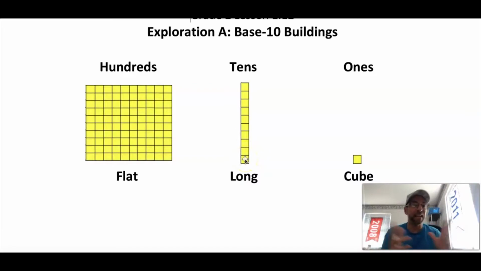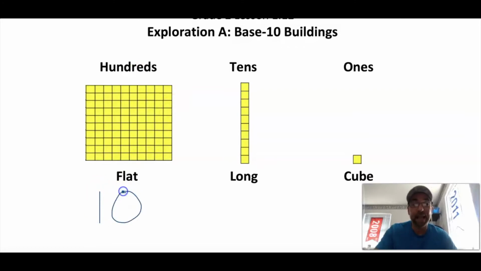And now in second grade, we work more with the flat. And the flat was made up of 10 longs. So today, we are going to explore the flats, the longs, and the cubes. And we're going to keep in mind that a flat is worth 100.